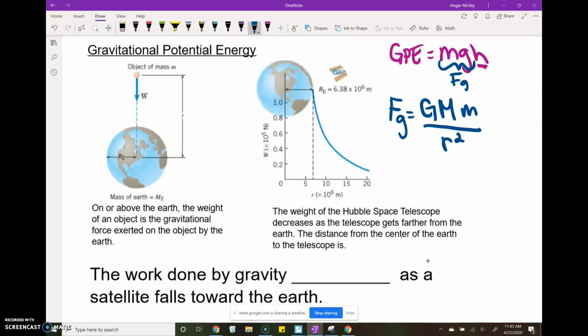Their separation distance, center to center.